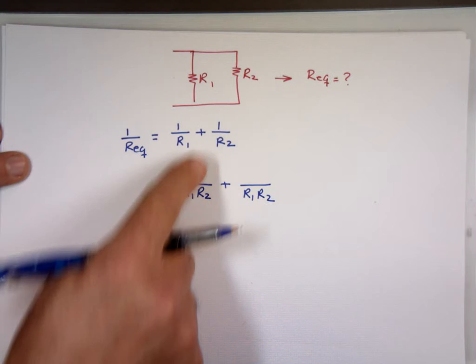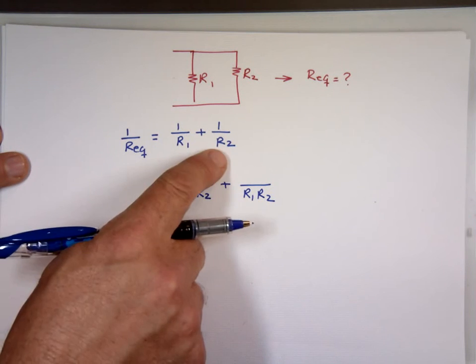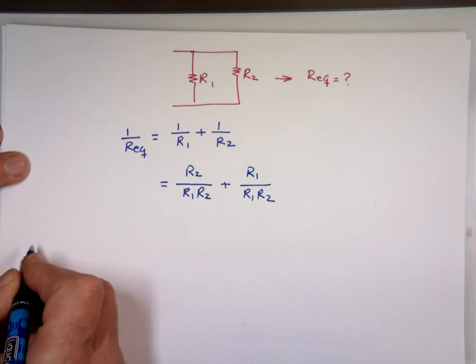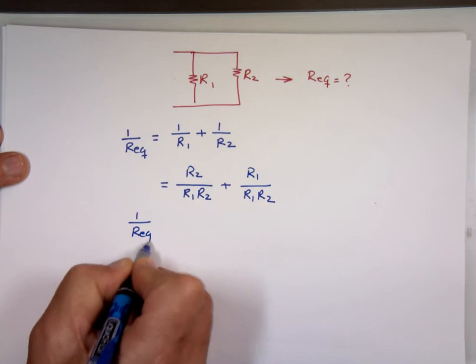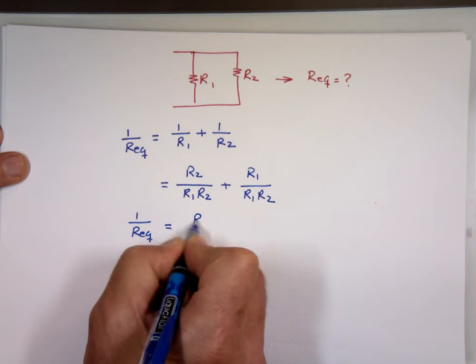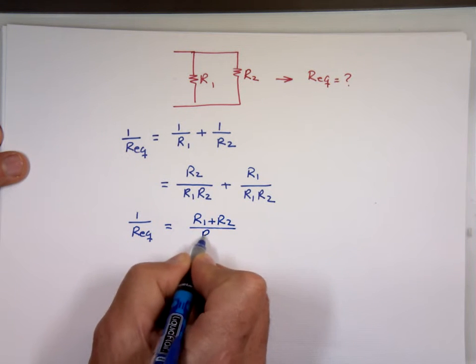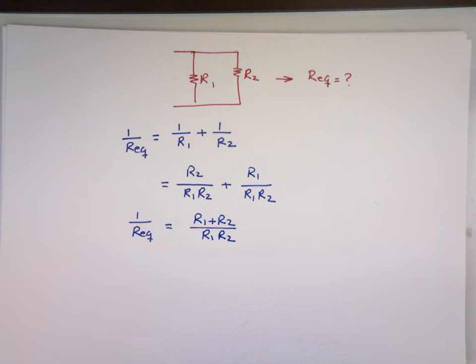To change R sub 2 to R sub 1 times R sub 2, I need to multiply this by R sub 1, multiply the top by R sub 1. So you can say 1 over R equivalent is equal to what? R1 plus R2 over R1 R2. I don't want 1 over R equivalent. I want R equivalent, not 1 over it. Flip this and flip that.